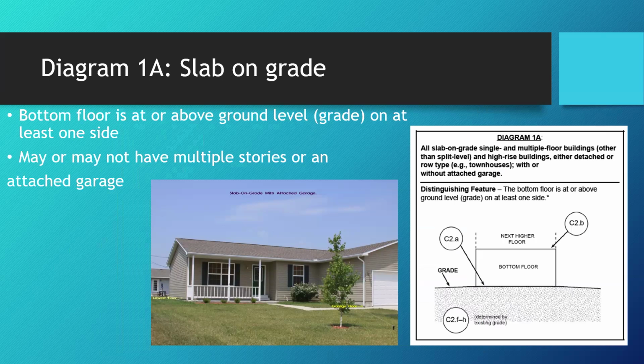It may or may not have multiple stories above that, or an attached garage, which is another feature that is separately listed in Section A. That's Section A8 and A9. So we'll go through those parts, but very straightforward. Again, it could have multiple stories, but it's just a slab on the ground.